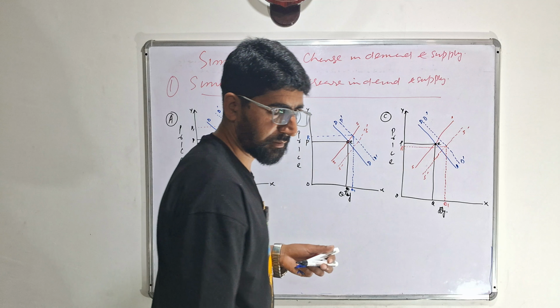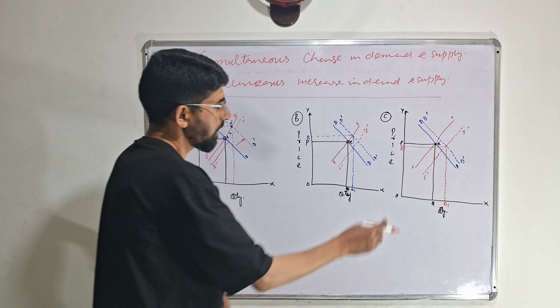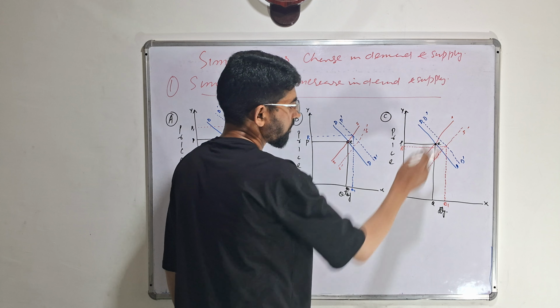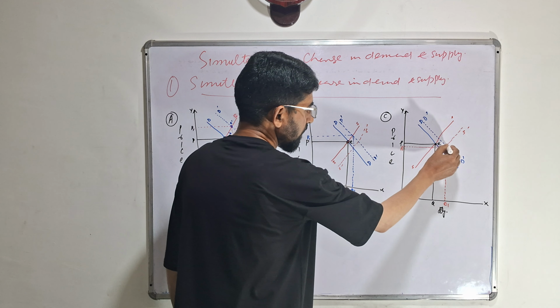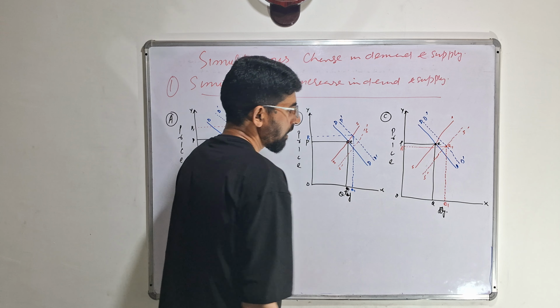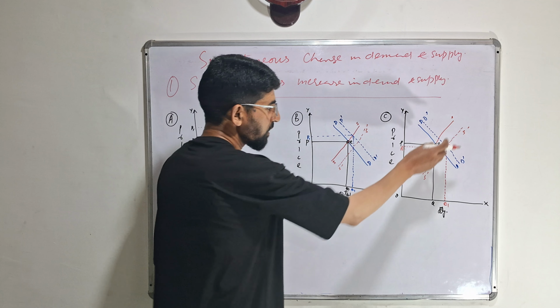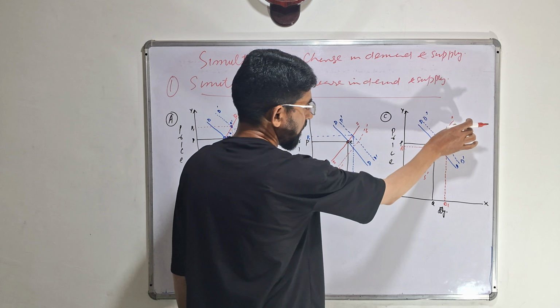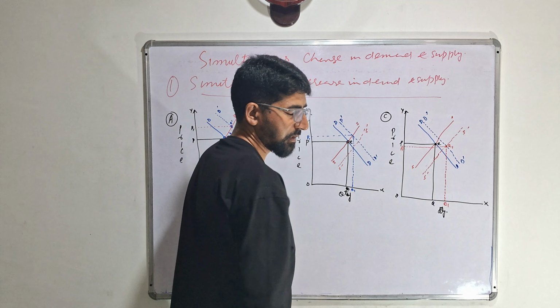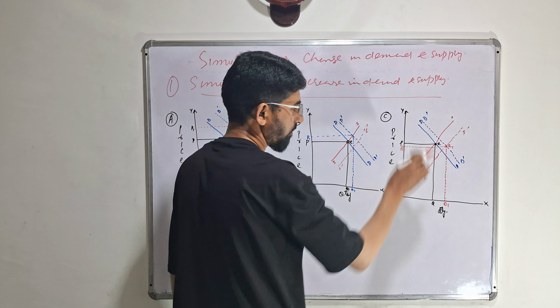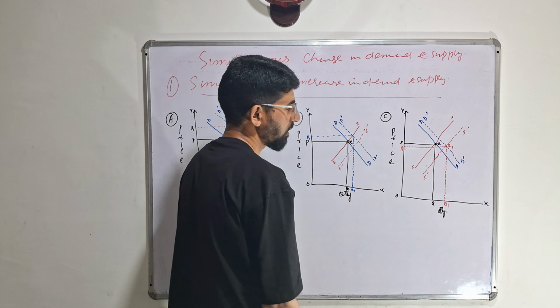This shows us that when the demand curve shifts rightwards and the supply curve shifts rightwards, equilibrium moves from E to E1. But what happens? Due to the pressure of supply, as S to S dash, the change in quantity demanded is less as compared to the change in quantity supplied. Change in quantity supplied is more than change in quantity demanded.